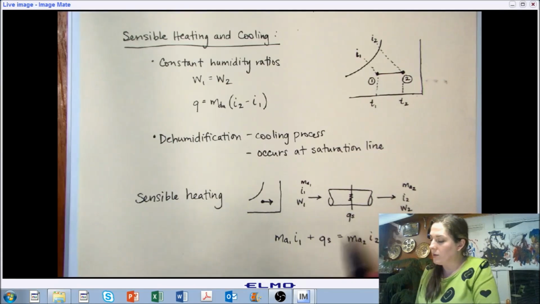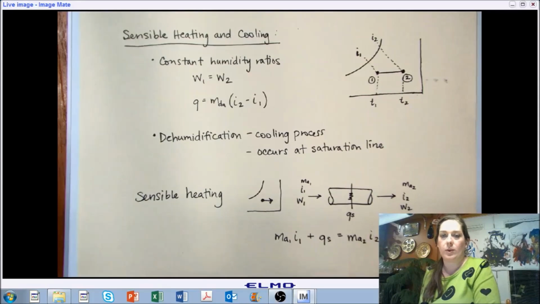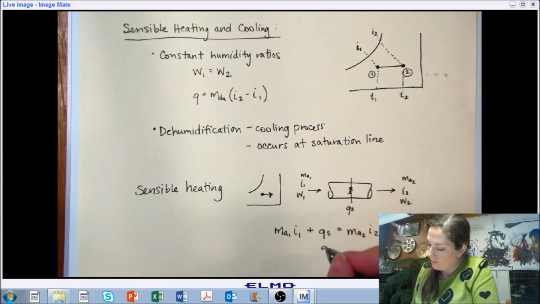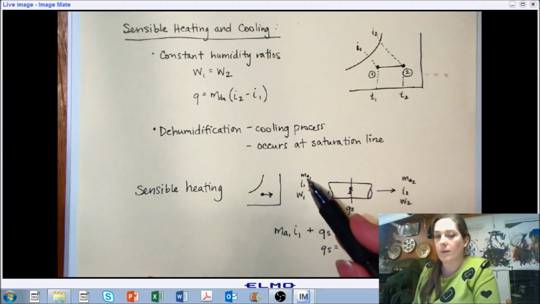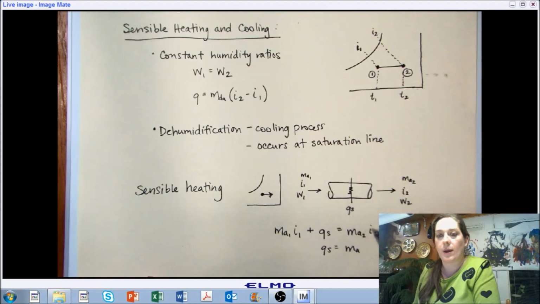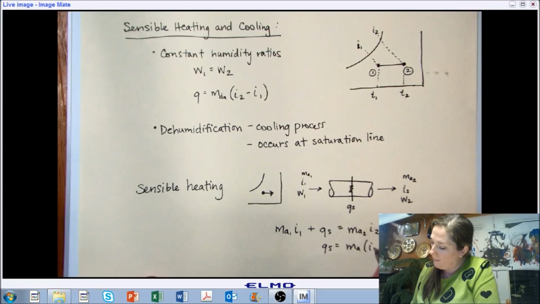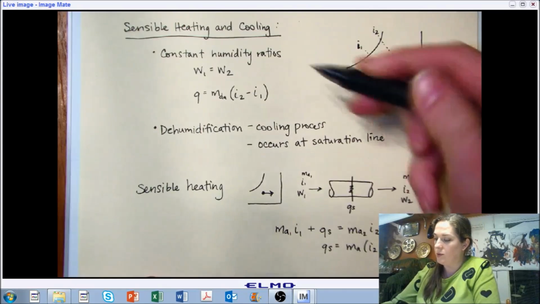And then if we want to solve it for the amount of sensible energy needed, we just need to rearrange this equation. The same mass of air going in is what's coming out because we haven't generated any or spent any, so we can just shorten that to the mass of air times the change in the enthalpies, and that's the equation that we showed up above.